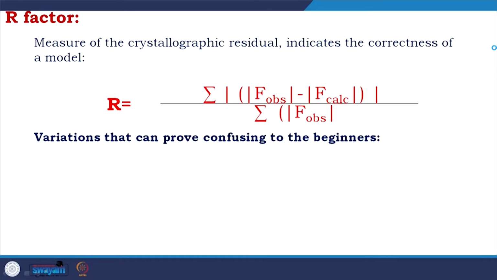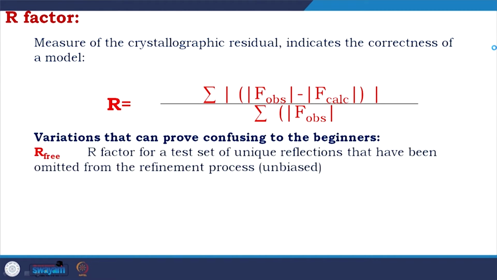Variation that can prove confusing to the beginners is R free, but you should not be confused because I talked about R factor for a test set of unique reflections that have been omitted from the refinement process to make it unbiased. There are two other R factors, R merge and R sim.